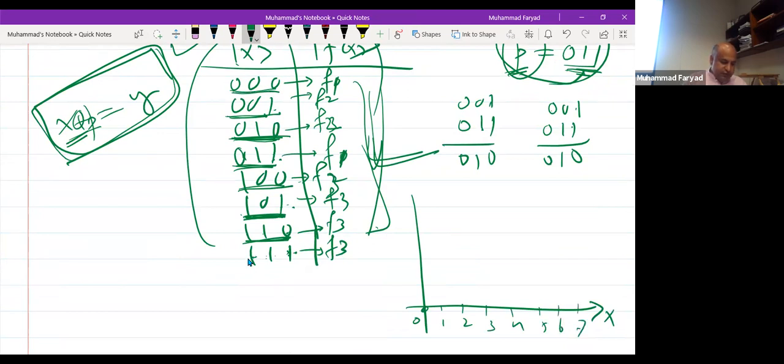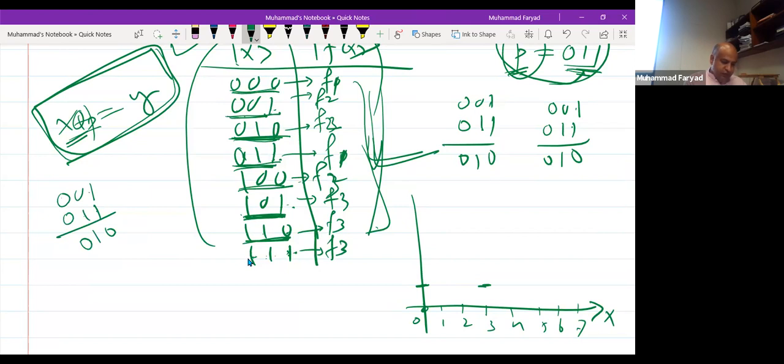We are saying that 0 and 011 have the same output. Let's say this output is some value, and 011 is 2 plus 1, 3, so this one has the same output. And then 001, if I XOR it with 011, we get 1 plus 1 is 0, 0 plus 1 is 1, 0 plus 0 is 0.